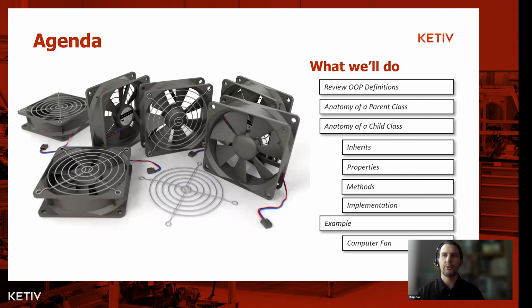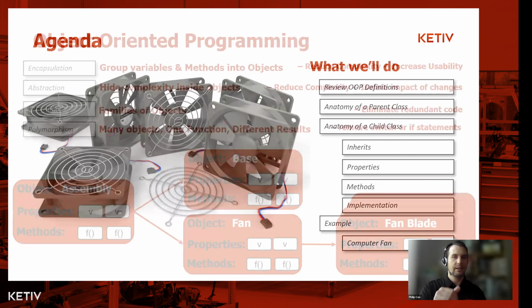We'll do that with an example of the computer fan. This is going to be a bit trimmed back from our full-on object-oriented programming example. We're just going to be focusing on two parts in an assembly, a couple of parameters, but we want to focus on the principles of inheritance and how you can use them in your automation projects. So with that, let's jump right in.